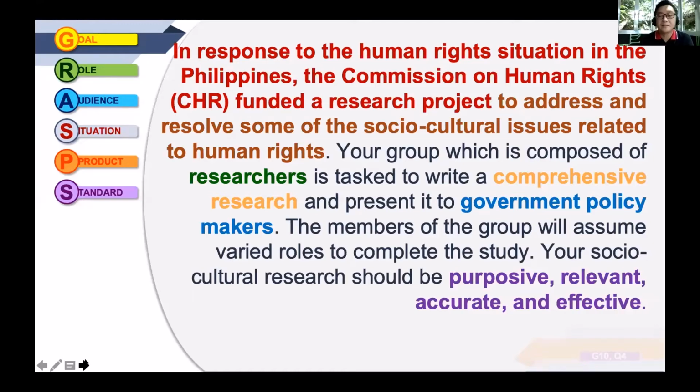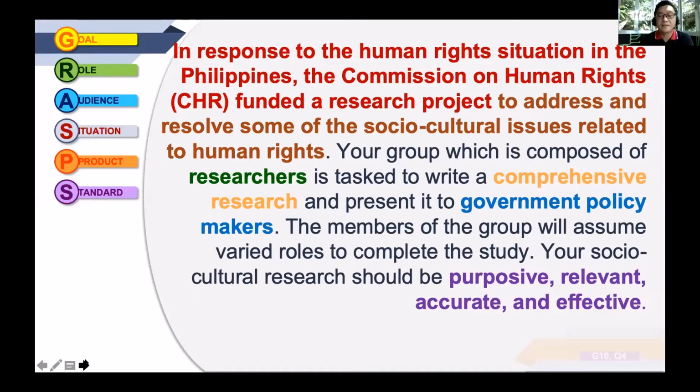Yes, it is. But this is only simulated authentic, since it simply says write a comprehensive research and present it to government policy makers. There is no mention of a physical visit or a physical gathering of people that becomes the audience to whom the product is to be presented.